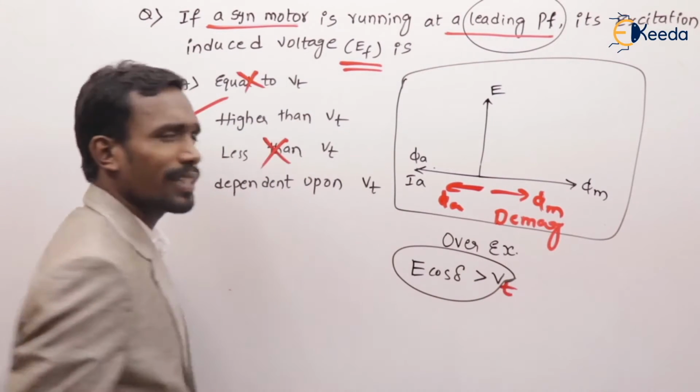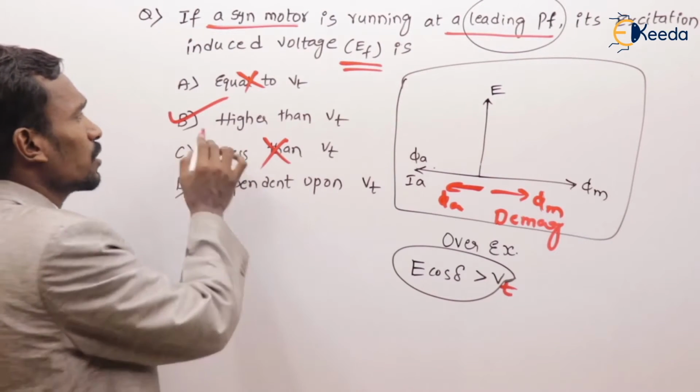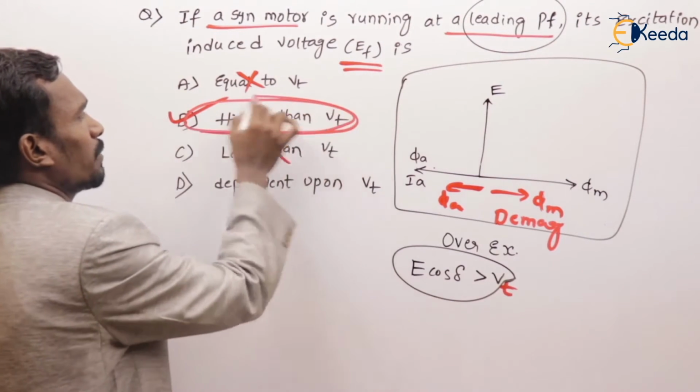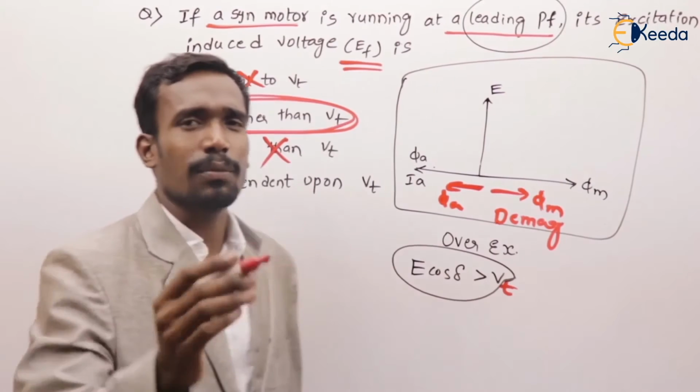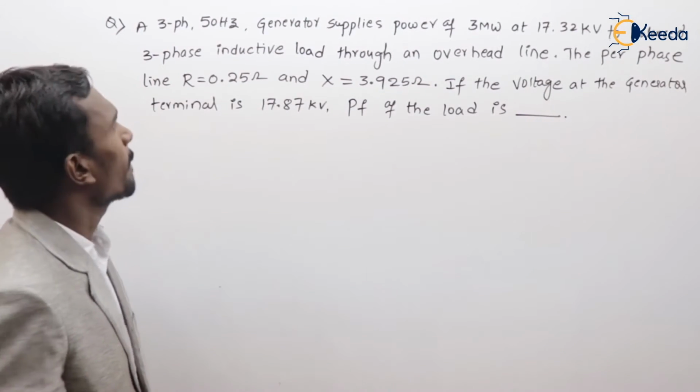This is the terminal voltage VT. E cos delta is greater than terminal voltage, so the excitation EMF is higher than the terminal voltage. Right, next question.